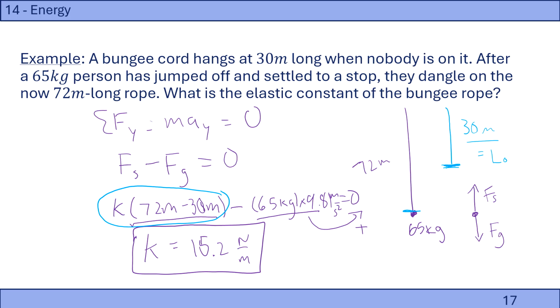And say, well, if you take this to be 0, for example, then really this should be negative 72, negative 30, and start from there and put that in. But I think it's easier just to realize that the spring force, the way that we have drawn our force diagram, has to be positive, and so the whole thing is going to be positive when you put in your delta S in this way.